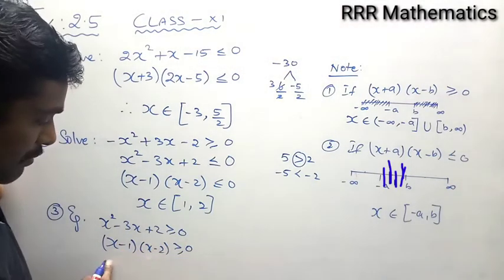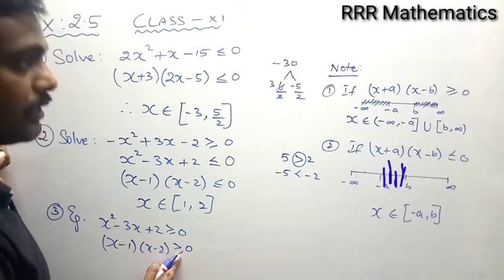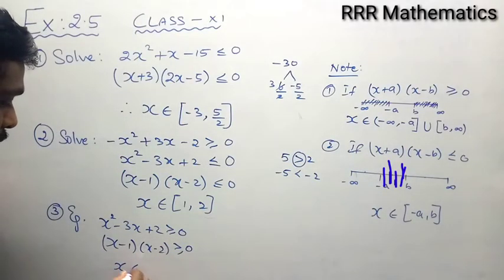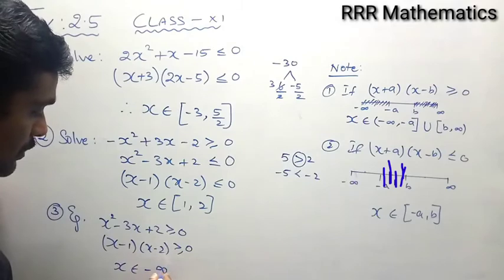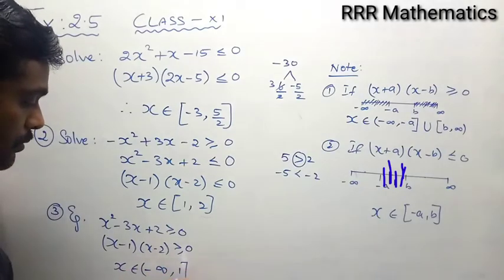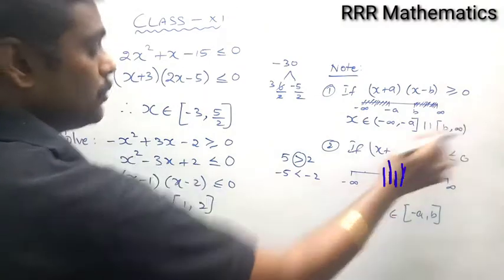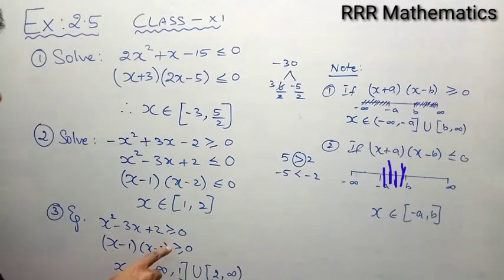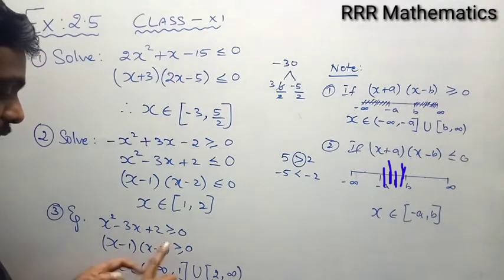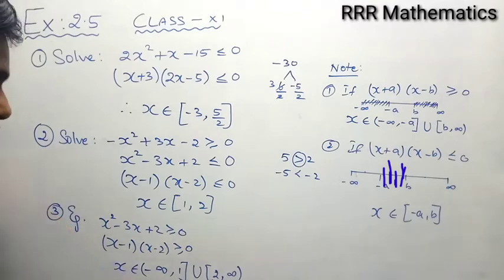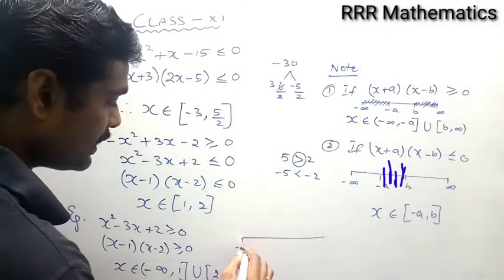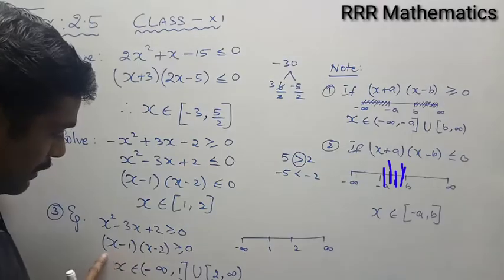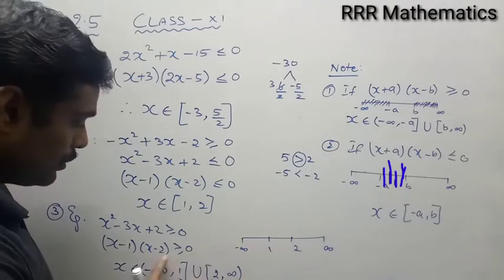The same quadratic whose inequality is greater than or equal to 0 means x lies outside, that is x belongs to minus infinity to 1 closed and 2 closed to infinity. In this case the intervals will be minus infinity to 1, 1 to 2, 2 to infinity.